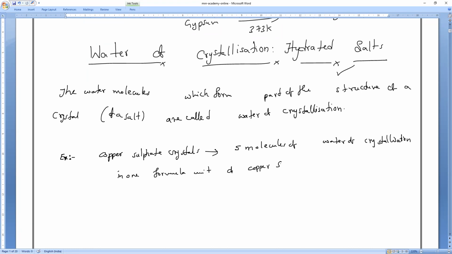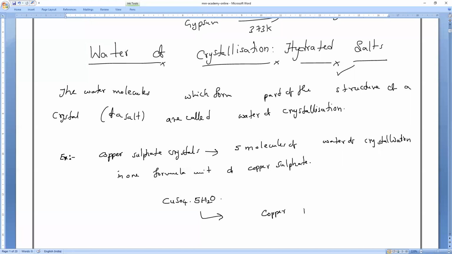So one molecule of copper sulfate contains 5 molecules of water of crystallization. That is why it is called copper sulfate pentahydrate.